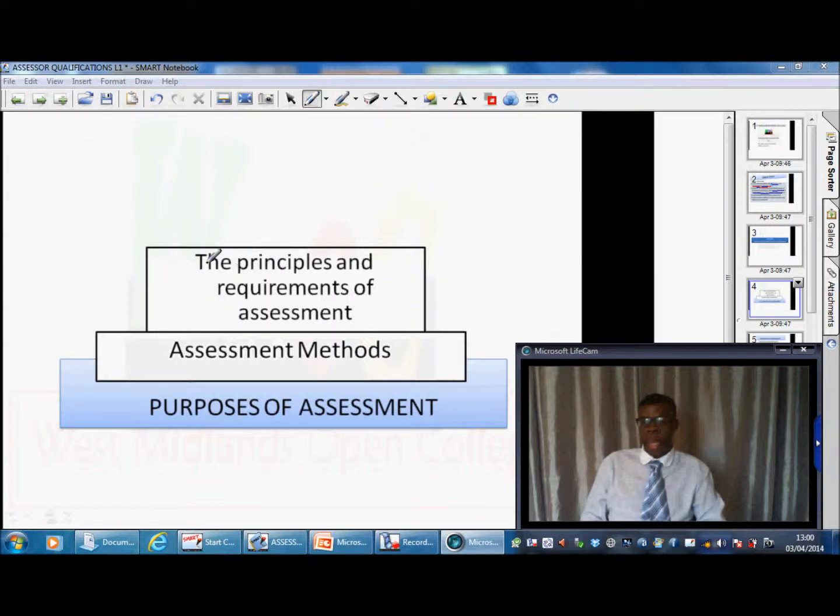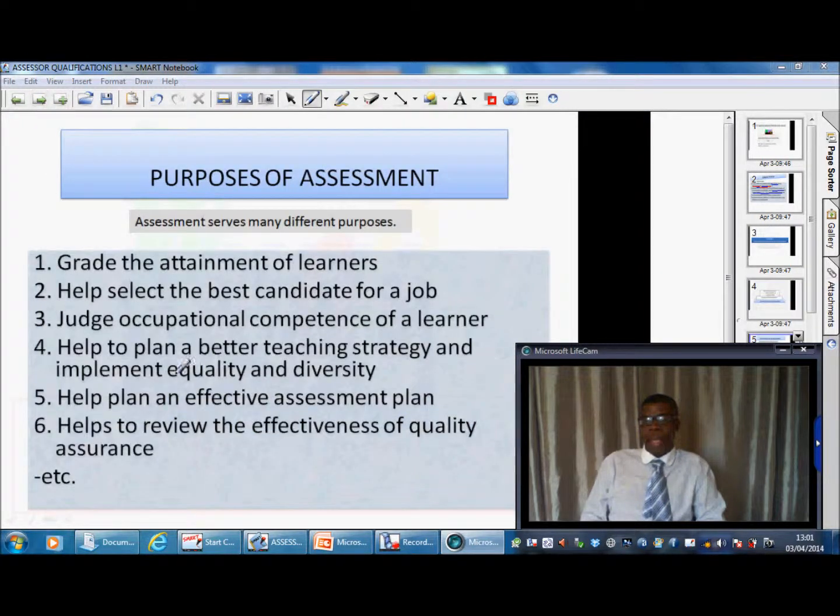The principles, we're going to look at, first of all, the purpose of assessment as a foundation, then assessment methods, then principles and requirements of assessment. This is a kind of diagram we're going to be looking at and the way things are arranged. And now, as we proceed, let's have a clear definition for us to understand the principles and practices of assessment and the requirements.